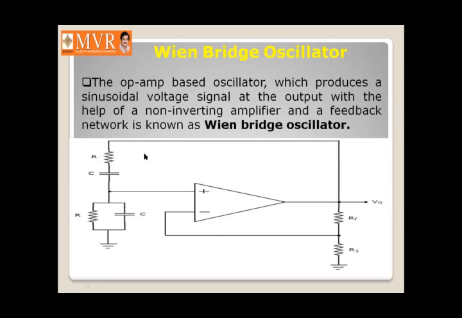So this circuit forms a bridge circuit. And this is the feedback network, that is RF and R1 provide the feedback, which is connected to the inverting terminal of our operational amplifier, and we are going to take the output.